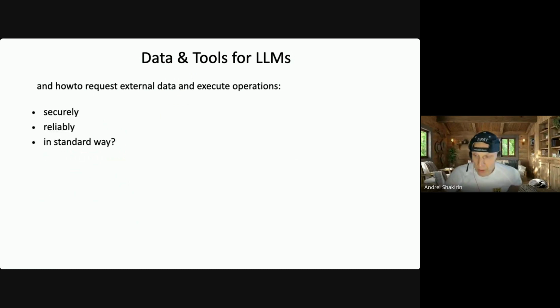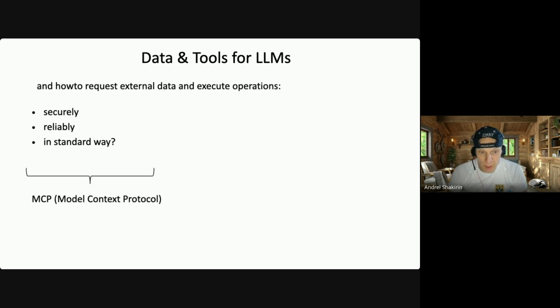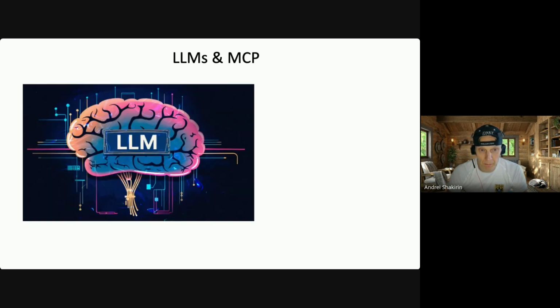And of course, reading and executing actions should be done securely. Not everybody should have access to every piece of data, and especially not everybody should execute the actions, which should be done reliably and in a standard way. The answer to this is MCP, Model Context Protocol, which provides such functionality for models.